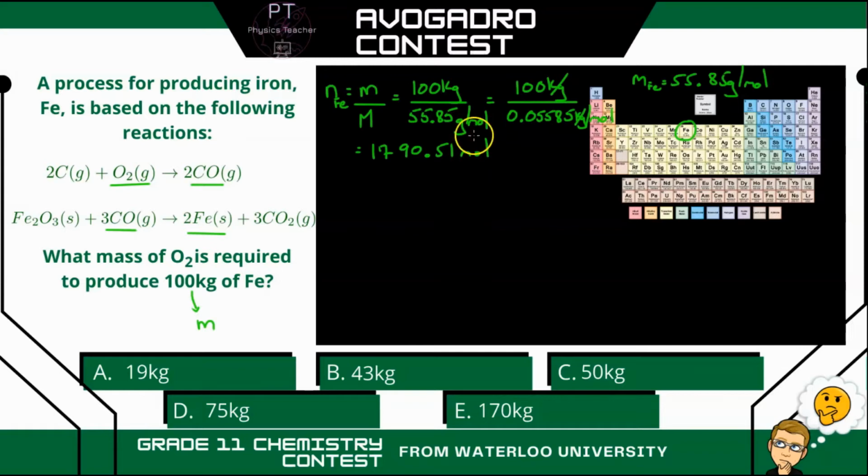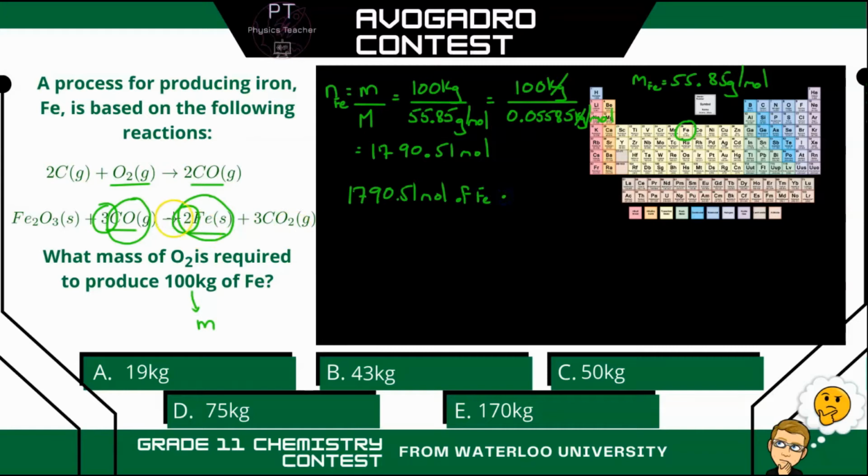Now that we know the number of moles of iron, we can use these coefficients as a ratio to figure out the number of moles of carbon monoxide required. So what we do is we take 1,790.51 moles, and that's of iron.